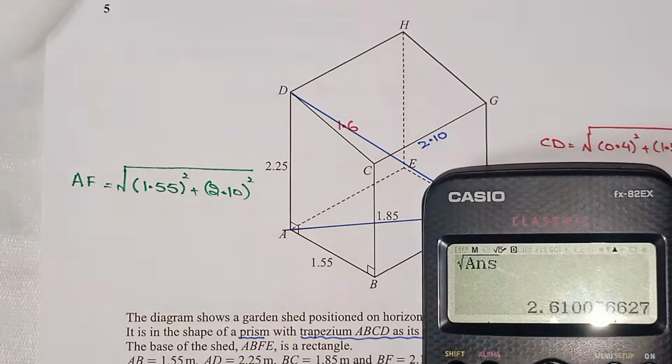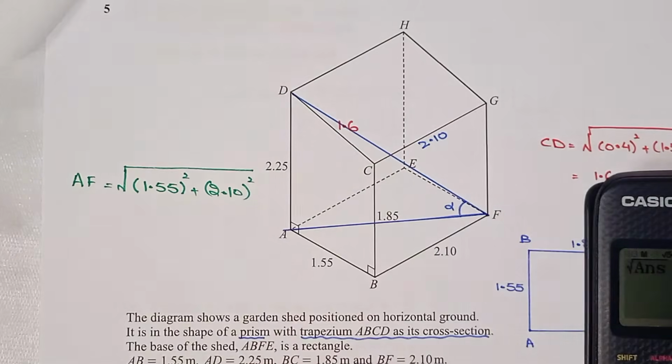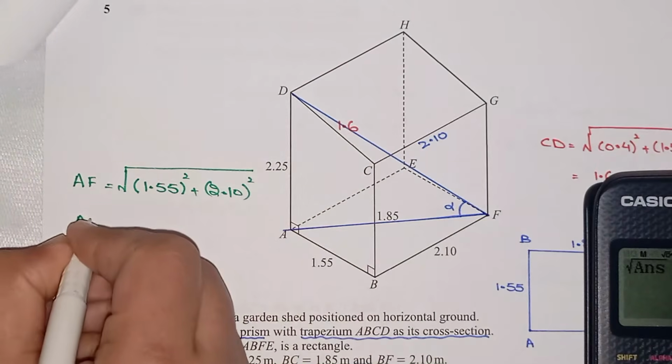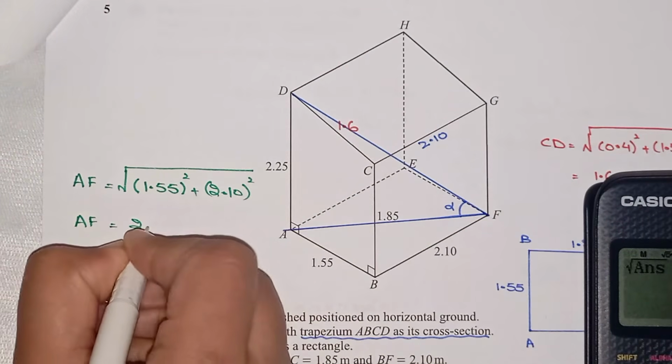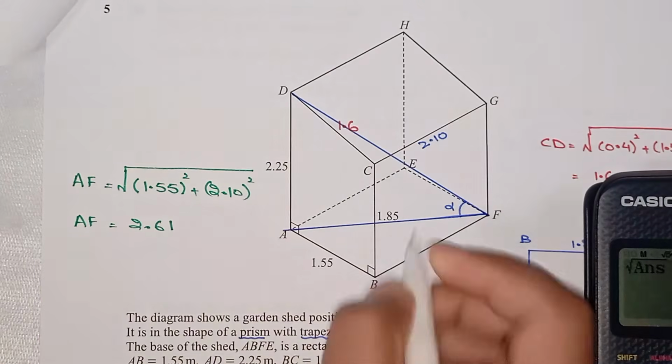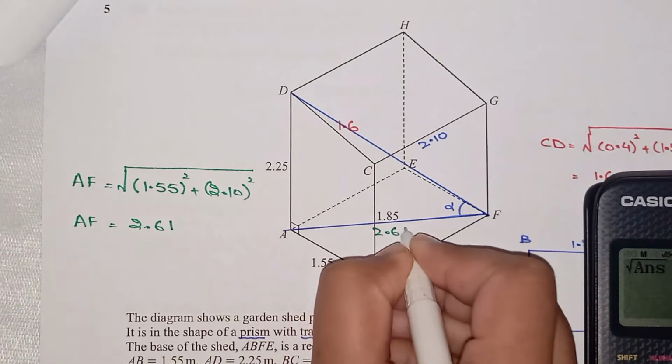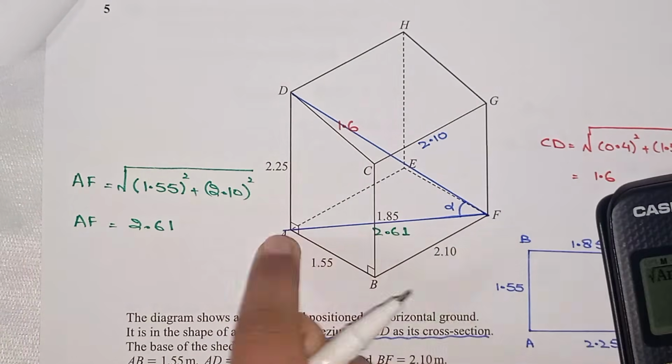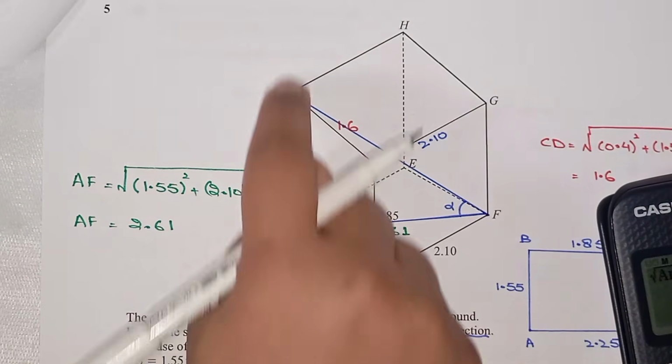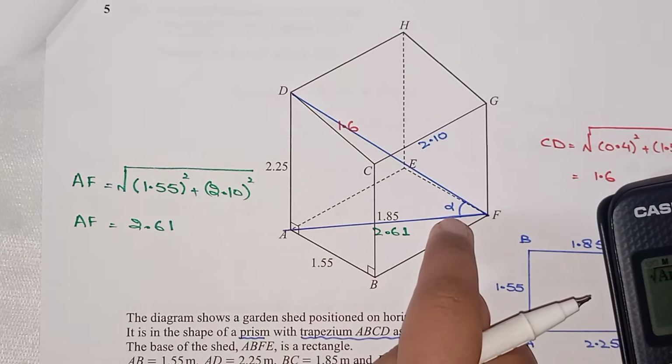This would be 2.61. So AF is 2.61. If AF is 2.61 and A to D is 2.25, we can easily find out this angle.